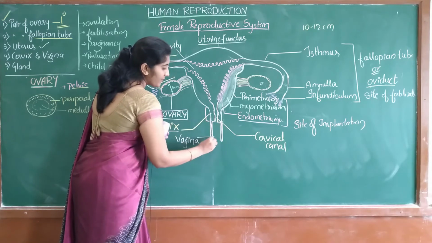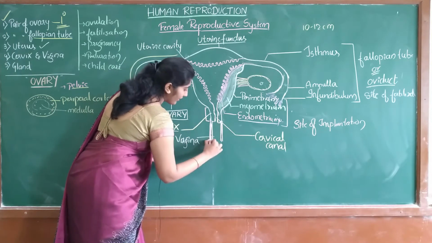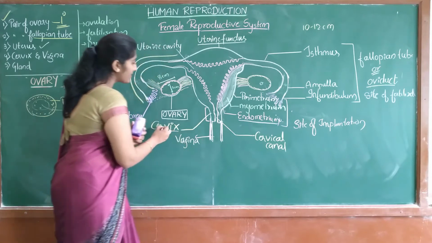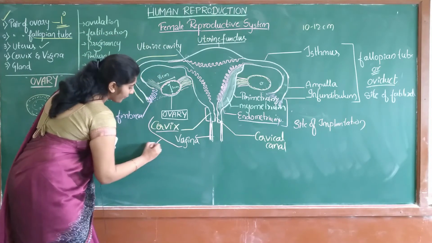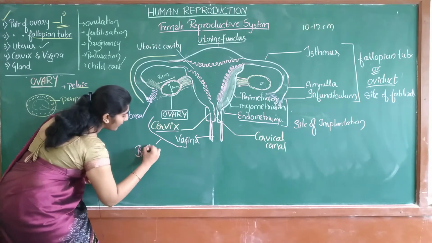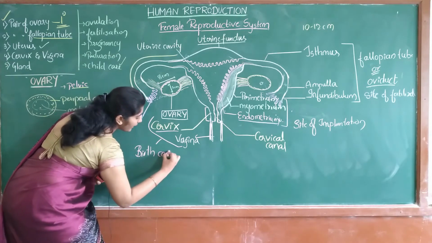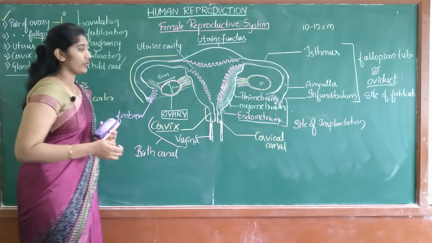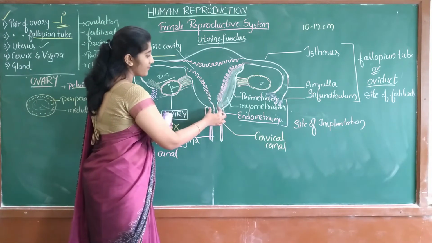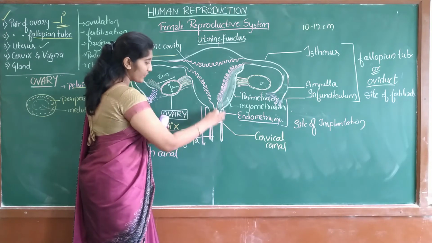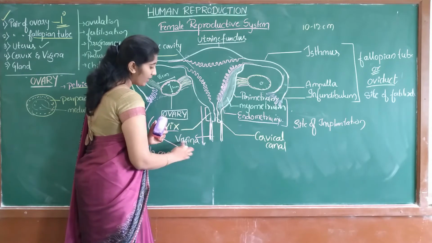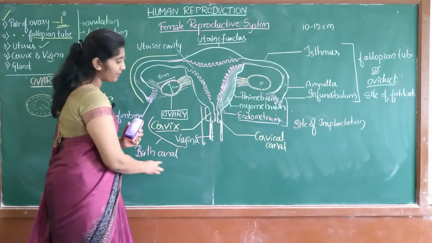So this is called the vagina. The cervix and vagina together we call the birth canal, because during parturition the baby is going to come from this way.